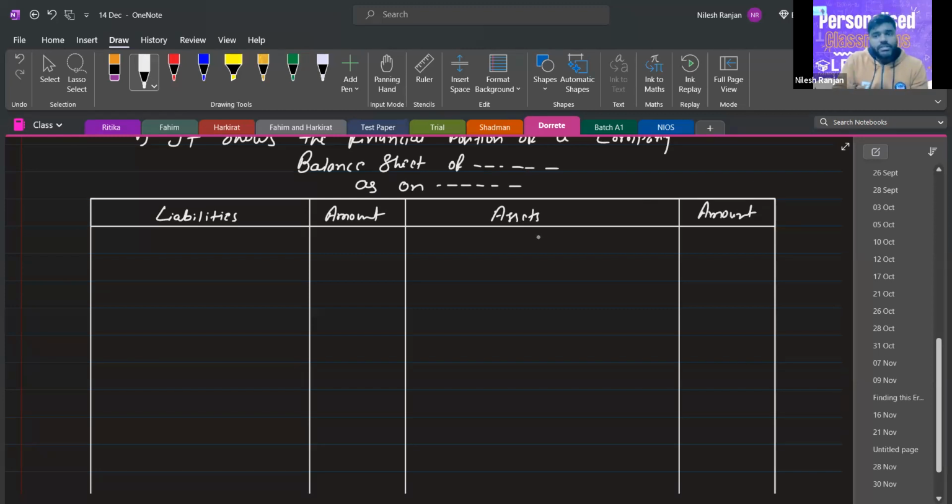Now on the basis of liquidity means the most liquid items will be written first, and the items which are not liquid in nature, which will take much time to convert into cash or sell, are written later.